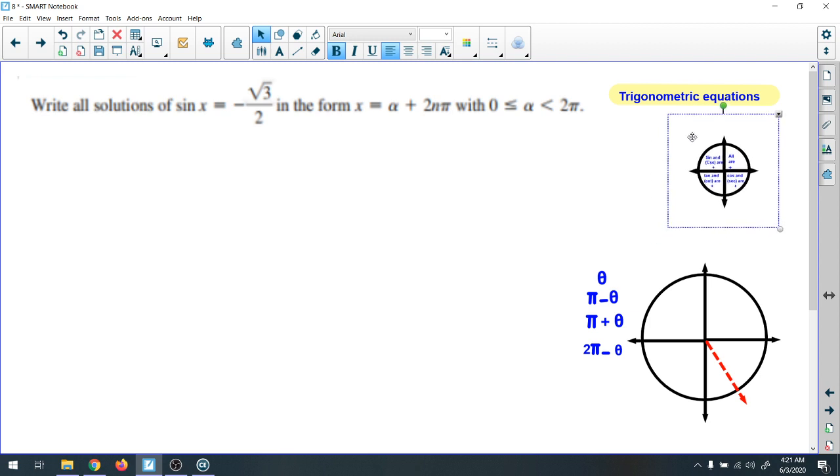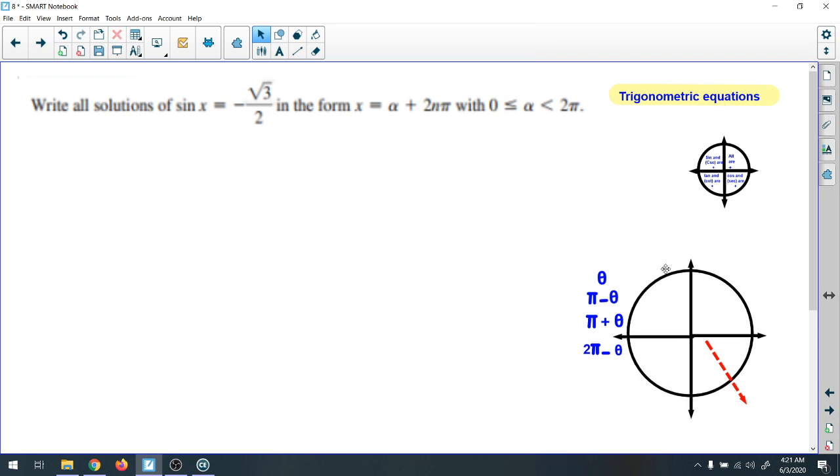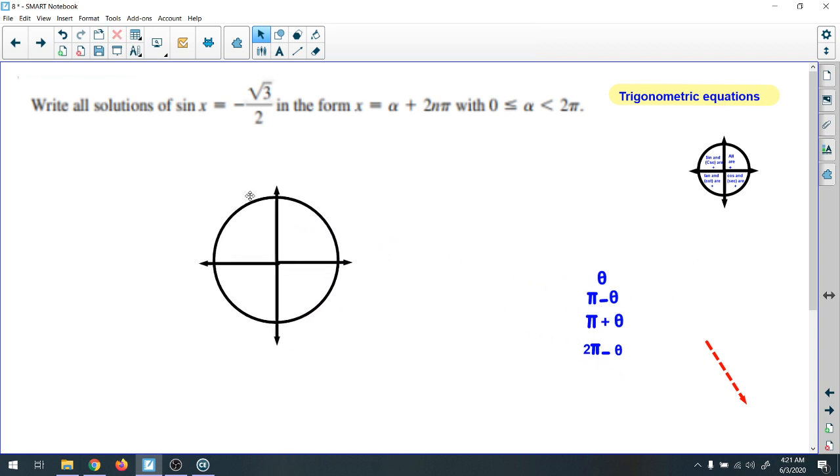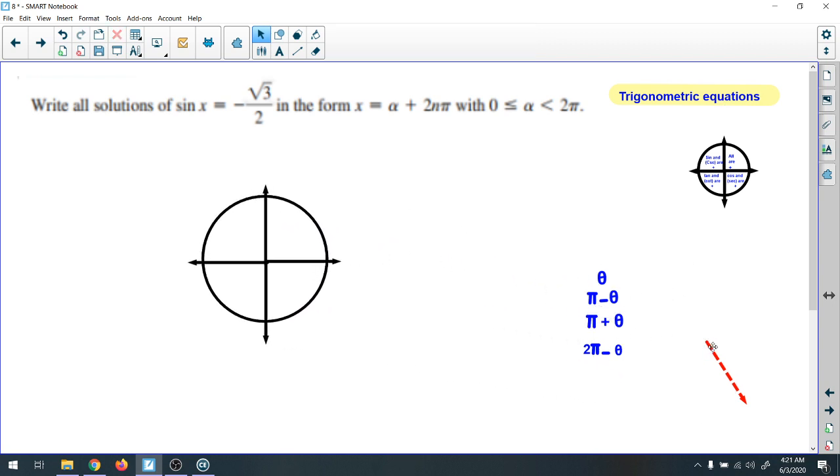The second thing that I want you to learn today, before we answer this question: given this circle, we know that our angle is moving from this position.